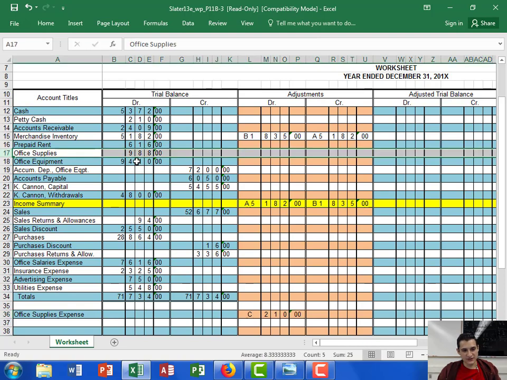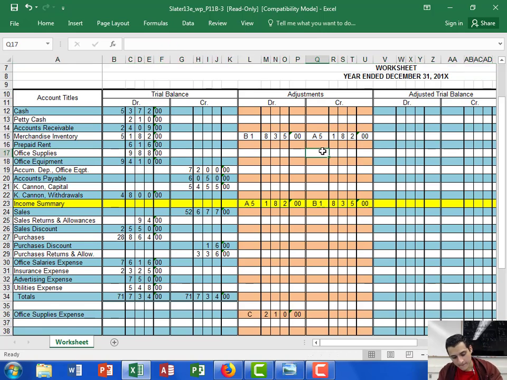Now, initially we started with $988 in office supplies. So then we're going to credit or subtract that $210 that we used up from that number and then put it into the adjusted trial balance later on. But we're not done yet with our adjustments. Always finish all your adjustments before doing any number transfers.